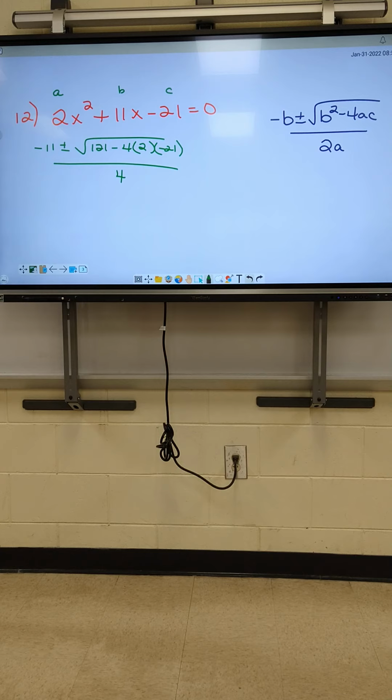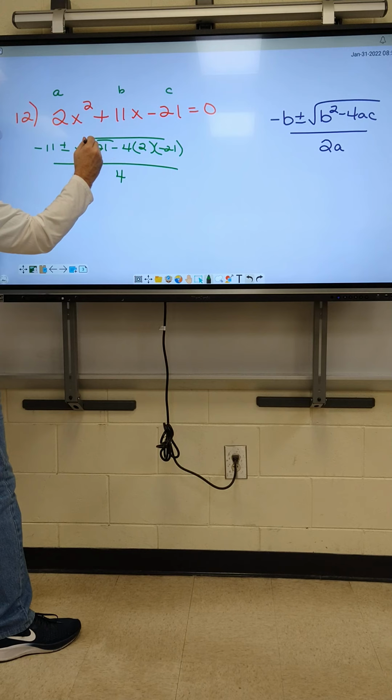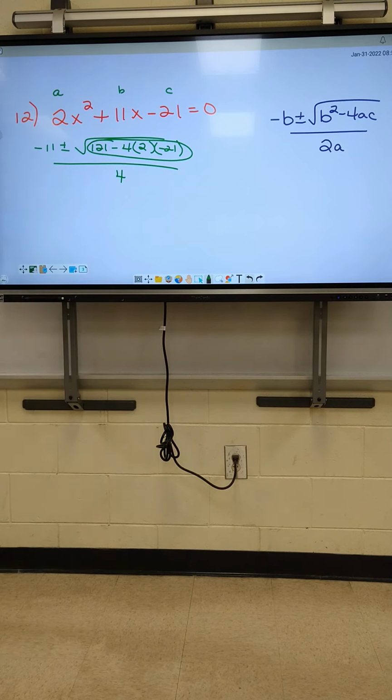Okay, and remember, if you try to punch the whole thing in your calculator, sometimes it's going to say domain error. So I don't do it that way. I want you guys to punch this part in your calculator. Just punch the numbers. Let's see what we get.